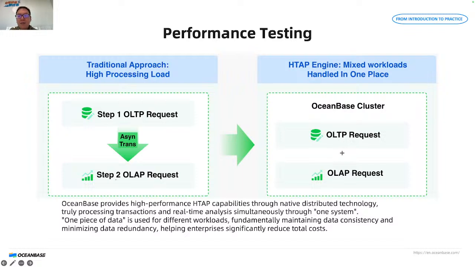On the other hand, to evaluate database OLAP performance, we usually use tools like TPCH to simulate complex queries and analytical operations, testing the system's ability to process and respond efficiently to large volumes of data.